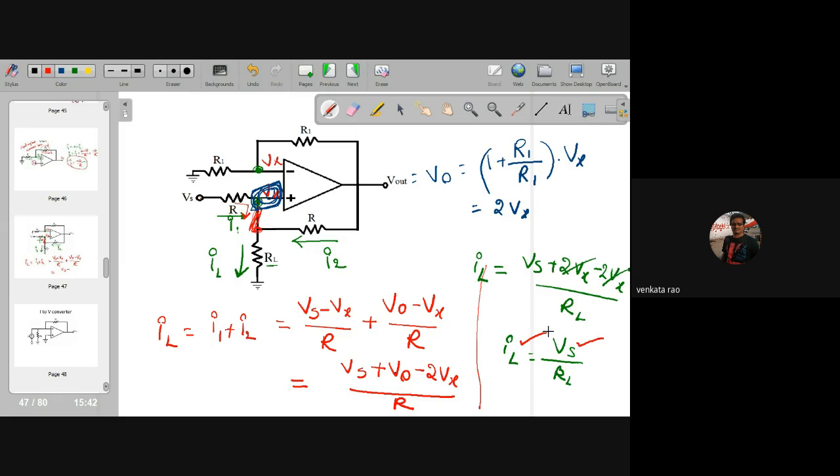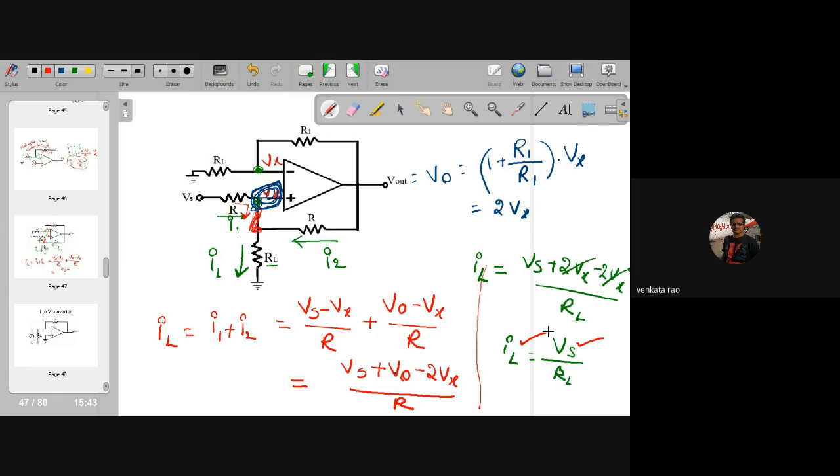You may ask one thing: sir, how can we identify this many circuits? How can we identify that the given circuit belongs to a particular type? See, I am giving the name to that circuit based on its relation between input and output only. Whatever circuit they give, just apply inverting and non-inverting concepts on that, deduce a relation between input and output, and based on that relation, give a name to that circuit.